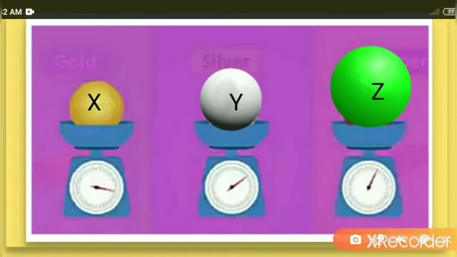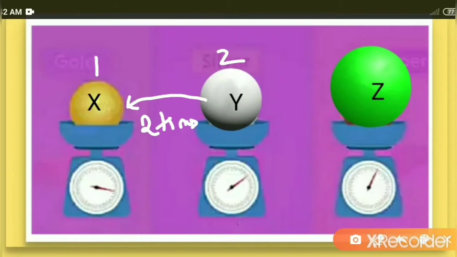Let the mass of X be 1. It is observed that the mass of Y is 2 times the mass of X. So if the mass of X is taken as 1, the mass of Y is taken as 2.